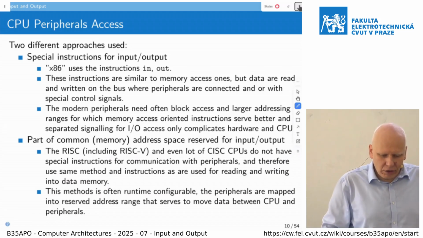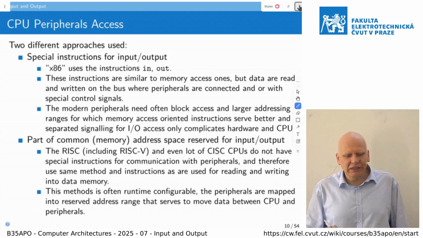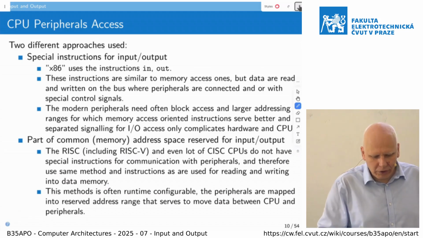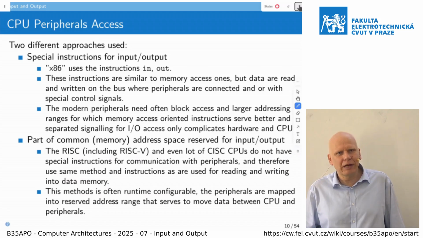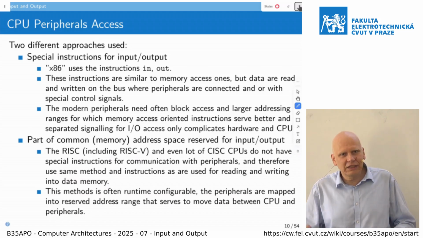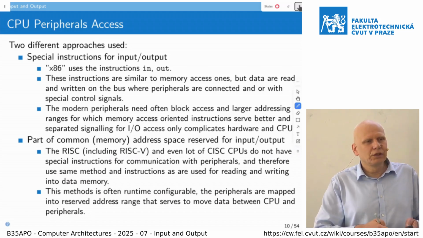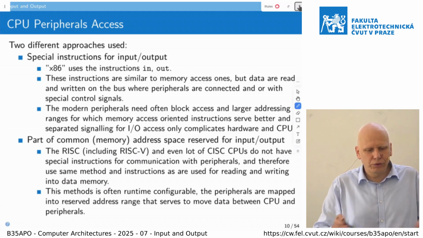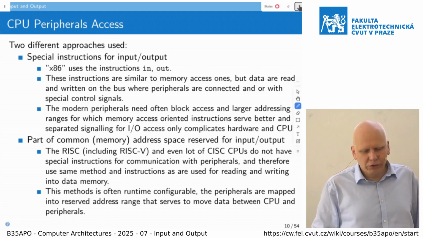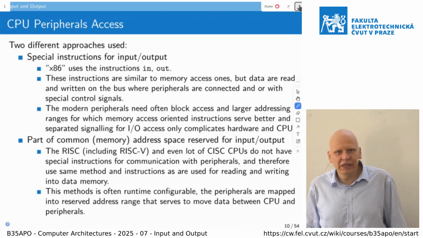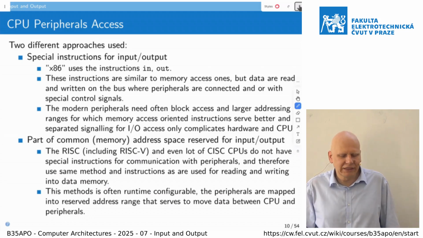But on the modern RISC processors, usually the peripherals are directly mapped into the full memory address space. And even on x86, when you want to have, for example, a video accelerator, graphic card, and so on, then you usually want to access the whole address range of the whole display. It doesn't fit into the I/O space, so those peripherals are mapped into the memory space, and you can access them by the same instruction which you use to access the memory.